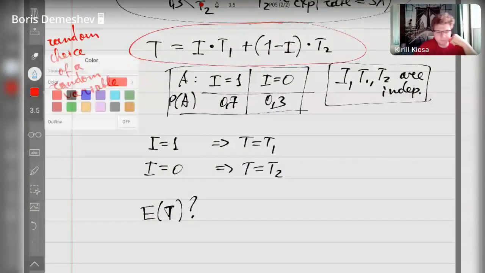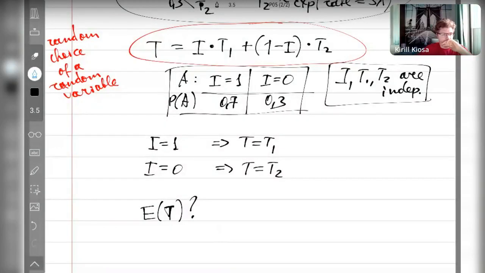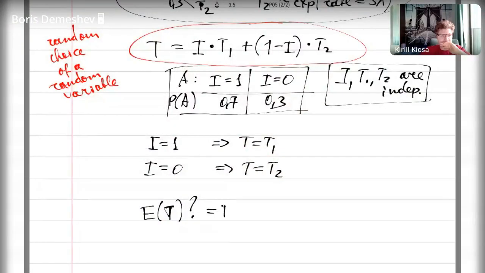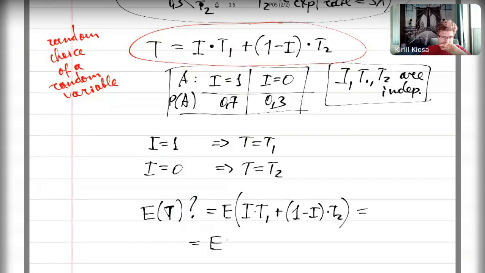It selects the random variable we need. So expected value of t, now it's a piece of cake. We just plug in what we have, 1 minus I times t2, and we are done.